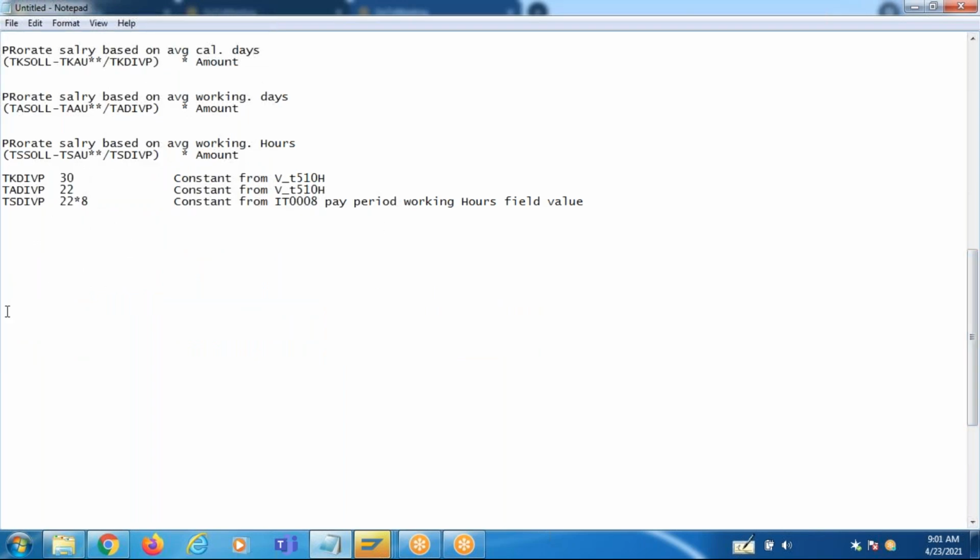Now if you write a formula, the amount is already there, right? In the second rule, /001, guys, it has an amount. Now what I would do is write equal to TS DIVP. Take the pay period working hours from InfoType 8.